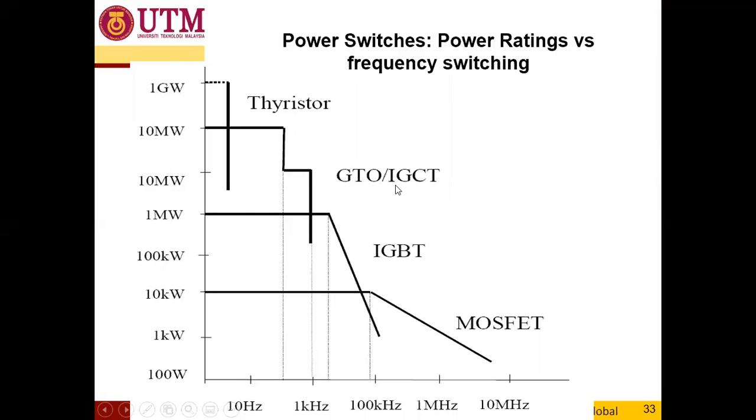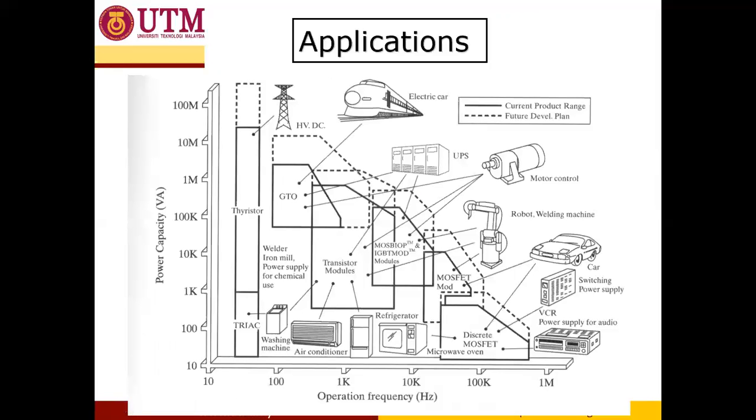So this medium range is most suitable for the IGBT, GTO, and IGCT. And these are also the applications. You can see the highest power rating is used for HVDC, and that's why the thyristor is mostly used in HVDC.